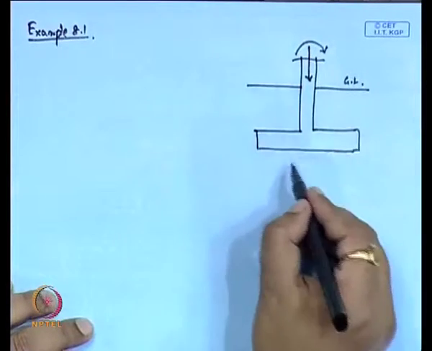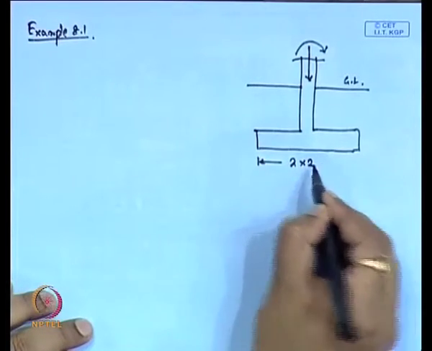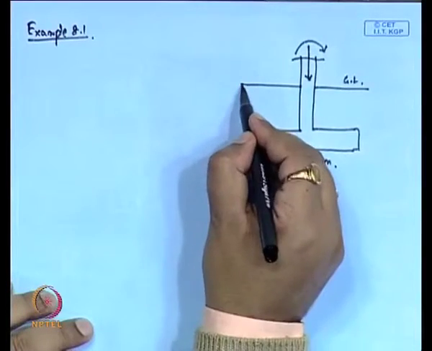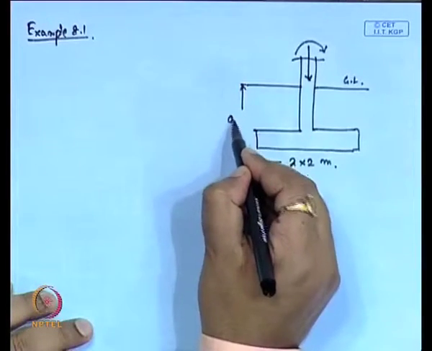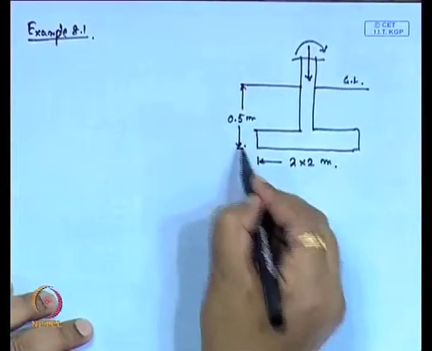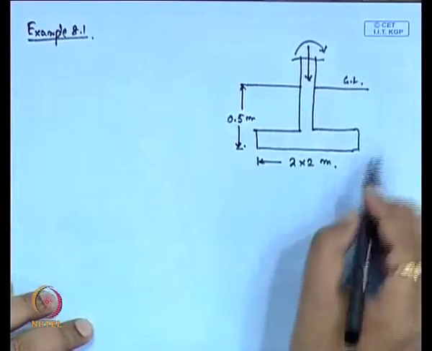The dimension of the footing is 2 by 2 meter and the depth of the footing is 0.5 meter from the ground line.